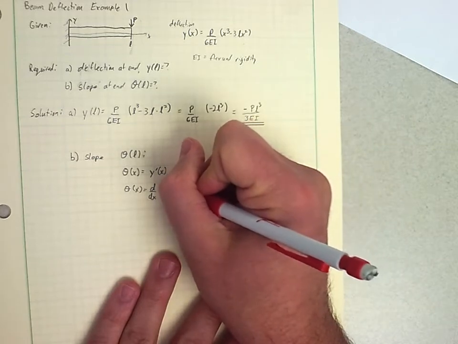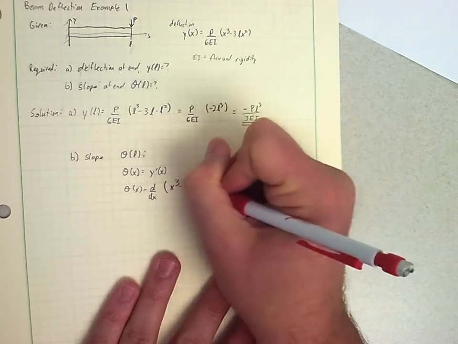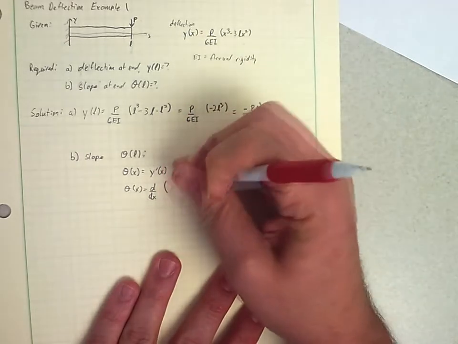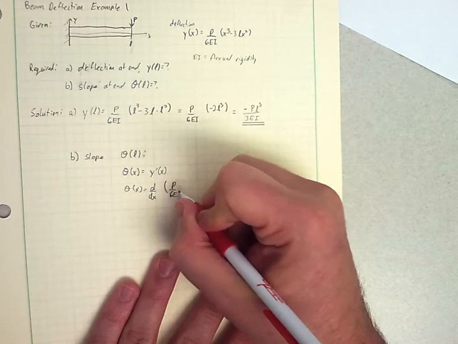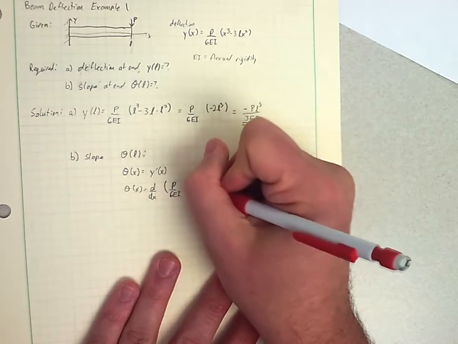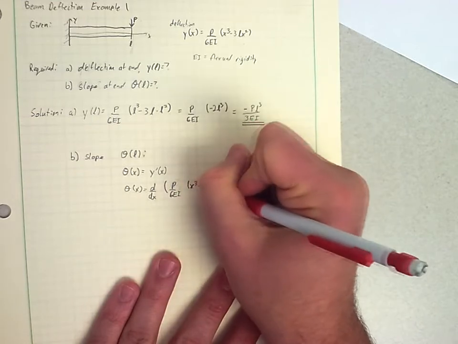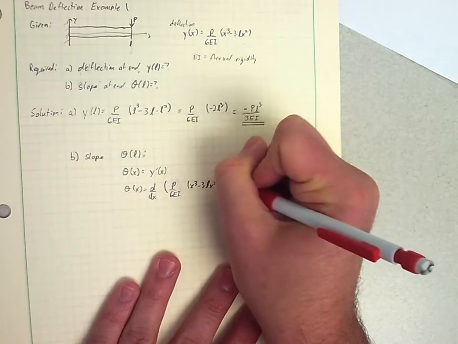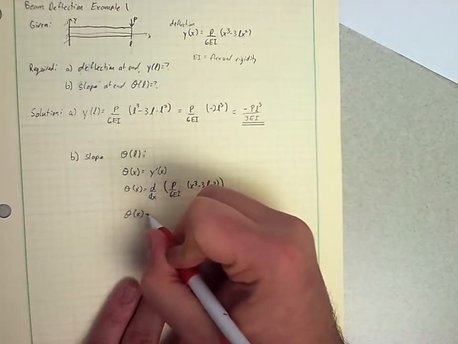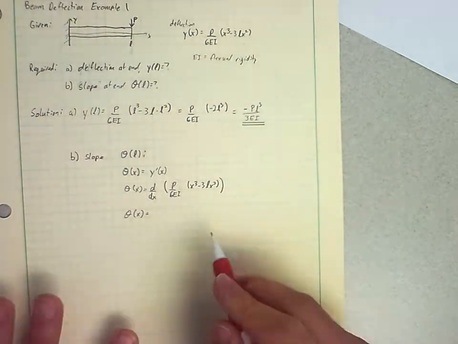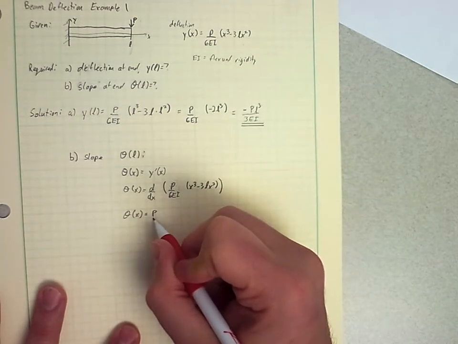So we're taking the derivative of, we should leave the constant in there for now, P over 6 EI times x cubed minus 3L times x squared. I know I can just pull all those constant parts out front.